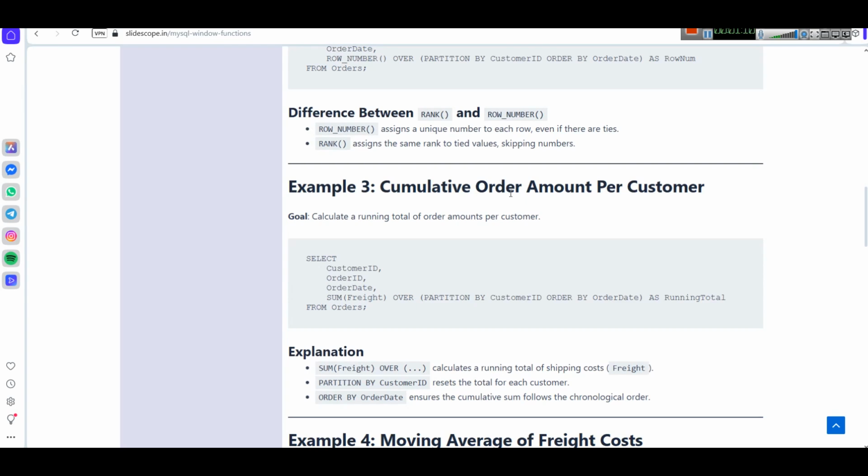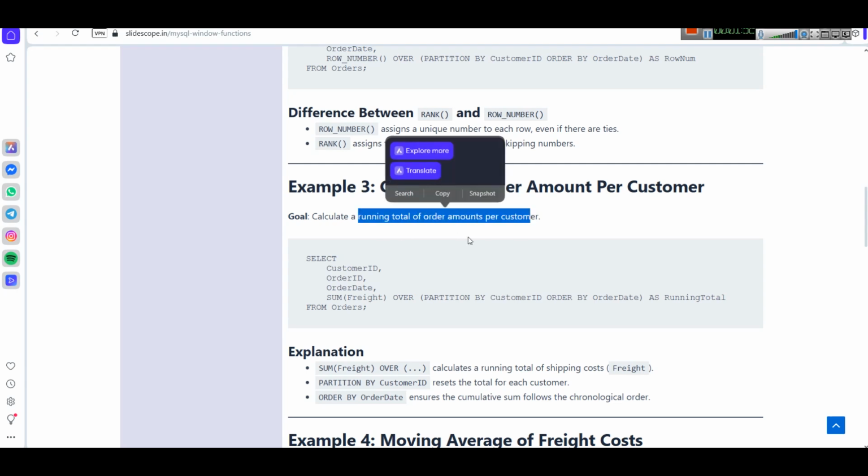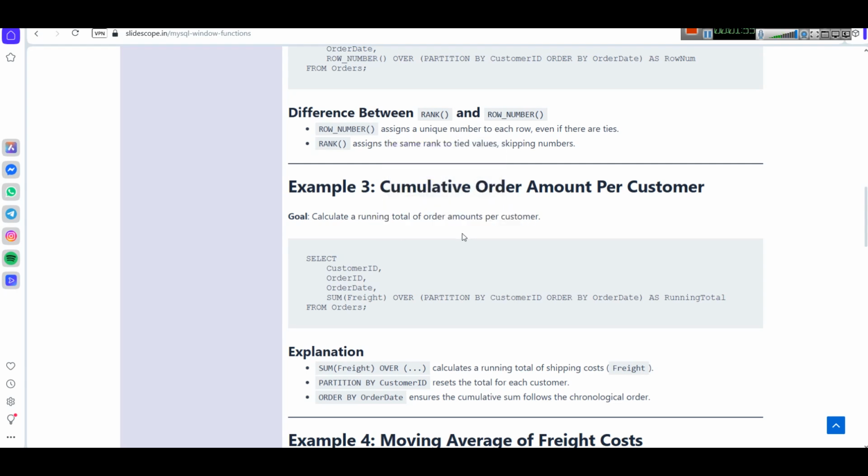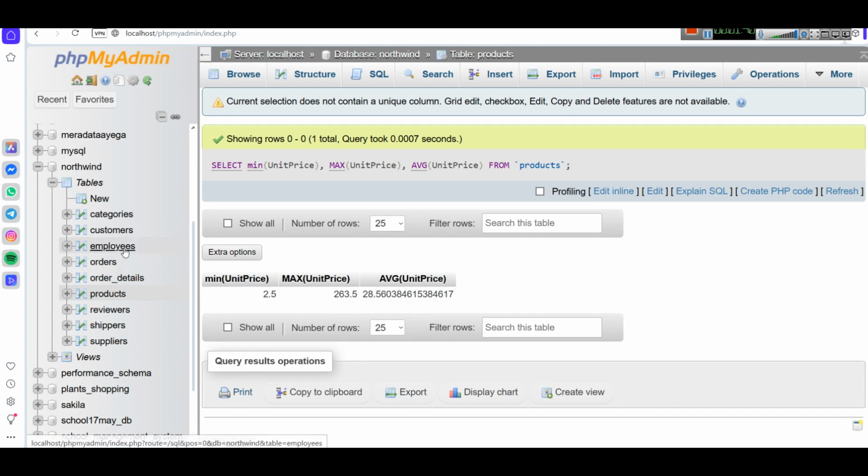First we will try to find the cumulative order amount per customer, or basically the cumulative freight amount per customer, which is a running total. This question will be asked a lot in statistics or data analysis: find the running total of order amounts per customer. In our case, it will be the running total of the freight amount, because we are not joining tables.